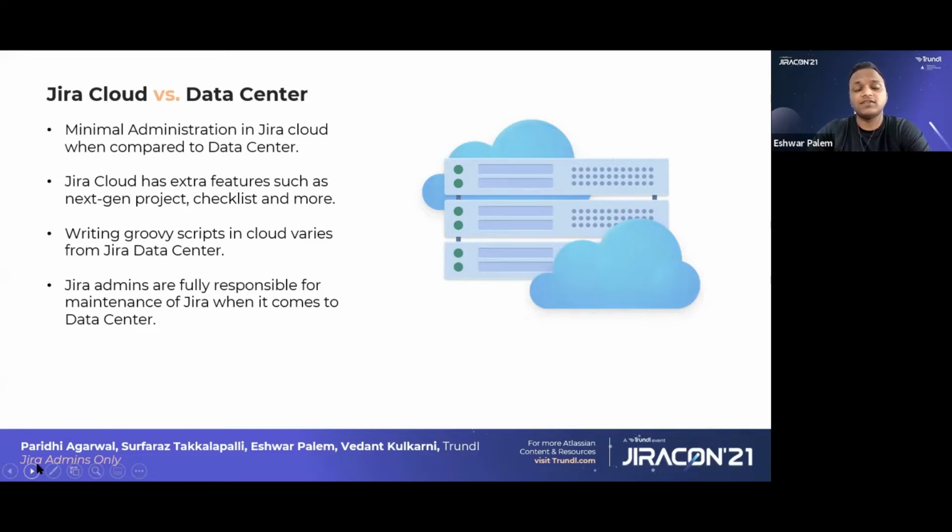We can also use a REST API in our Groovy script to get the components of a ticket or a project, but mostly we go with the Java APIs, which allow us to get the data and do something on the Jira data. That is a major aspect of the scripting difference between cloud and data center.